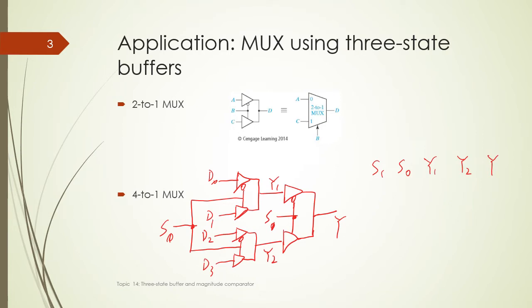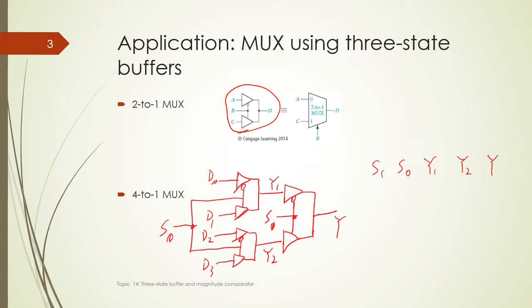One useful application for the tri-state buffer is to use them as a multiplexer. If you check this logic diagram as shown here, we can use two such buffers to realize the function of a mux.